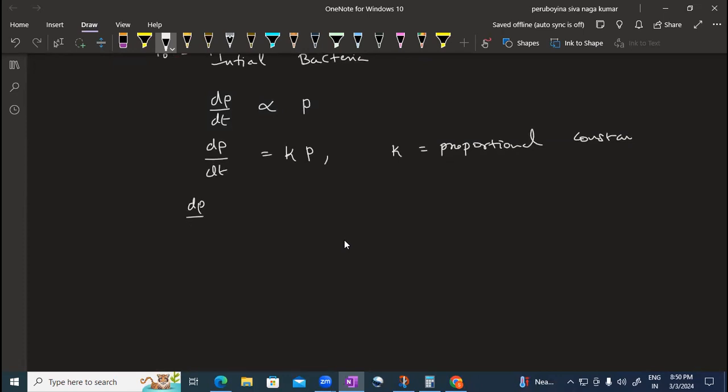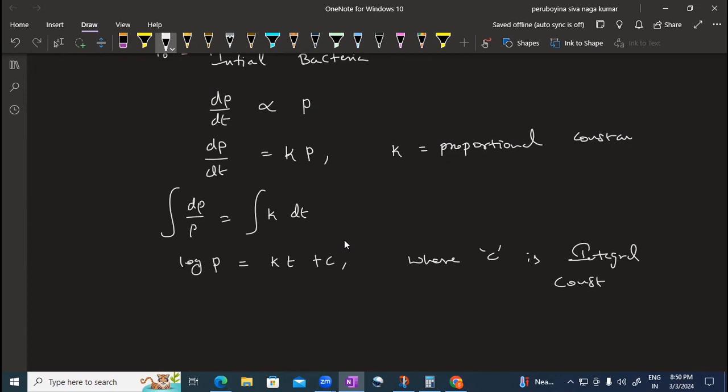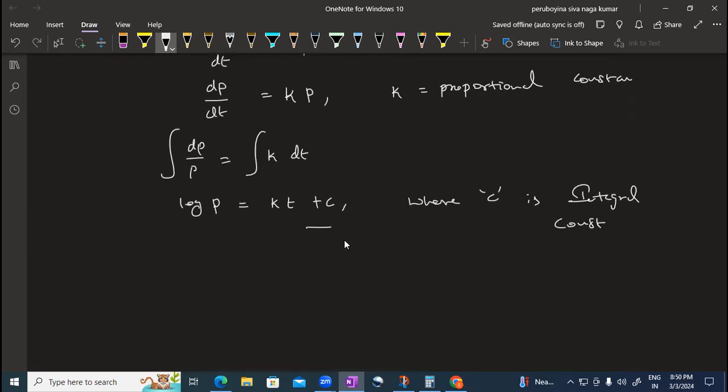Now we will do the same variable separable method to do integration also. And it will be 1 by P dP will be log P, and this is KT plus C, where C is integral constant. So say it is equation 1.